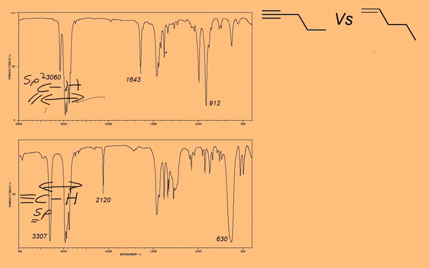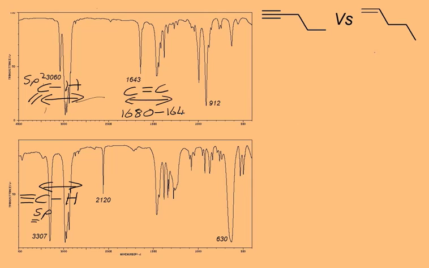Further evidence is from the absorptions at 1643 and 2120. The 1643 is about the middle of the range for a carbon to carbon double bond stretching. The range is mainly from 1680 to 1640.